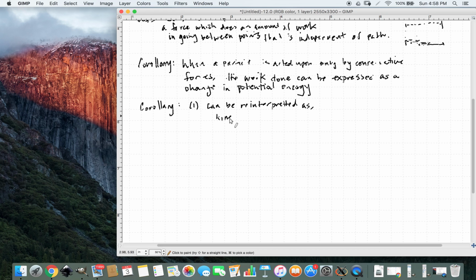kinetic energy is a measure of the particle's capacity to do work.